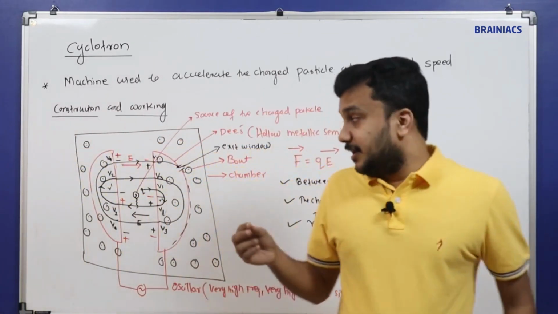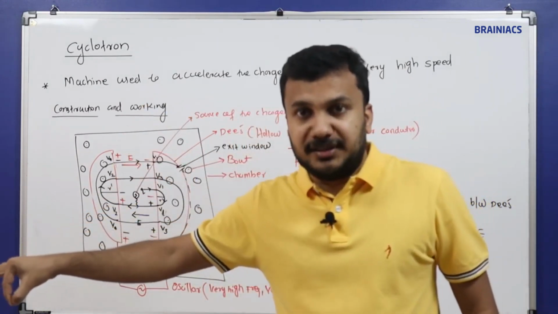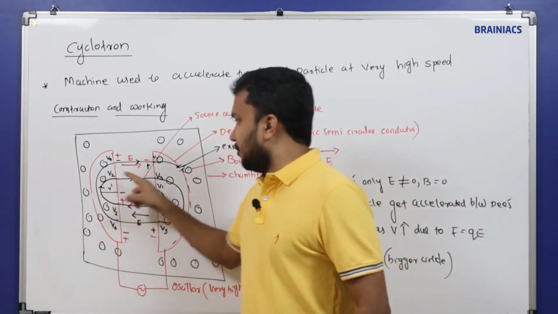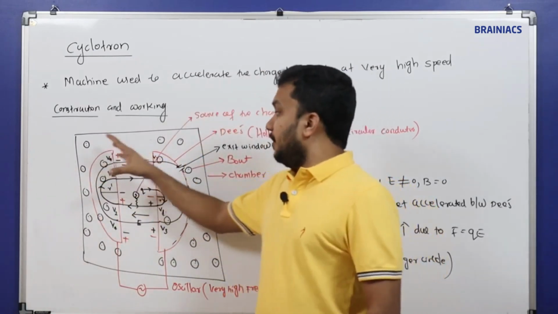So what is happening? Initially a charged particle comes in between the disks, accelerated, rotated, accelerated, rotated, accelerated, rotated. Its speed keeps increasing and finally it is shot out at high speed.